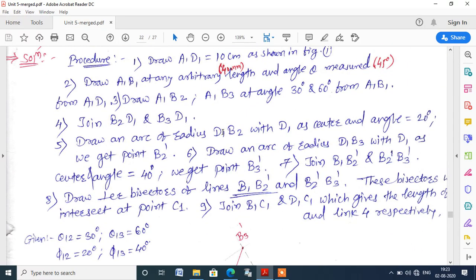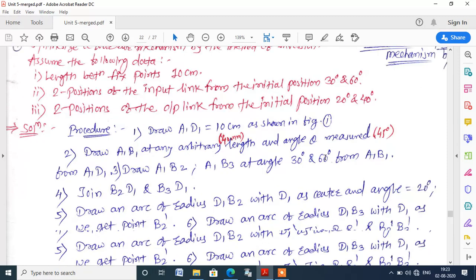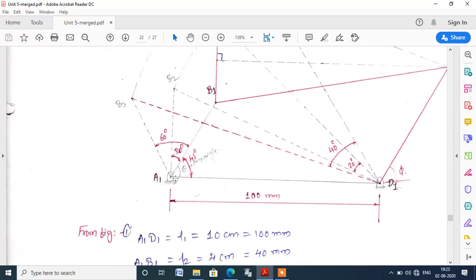Next, draw A1 B2 and A1 B3 at an angle 30 degree and 60 degree from A1 B1. Here it is mentioned two positions of the input link from the initial position 30 degree and 60 degree. So here initial position we have drawn A1 B1. So from this initial position we have to draw the two positions. So first position is A1 B2. You have to take at an angle of 30 degree.